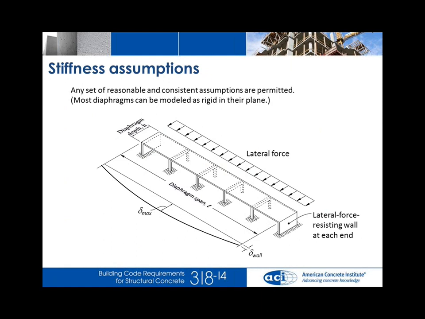Now, most diaphragms are modeled as rigid in their plane, and this is generally permitted as part of the code. But this chapter does point out that there are instances where flexibility in the diaphragm should be considered, mainly in the commentary in this case.